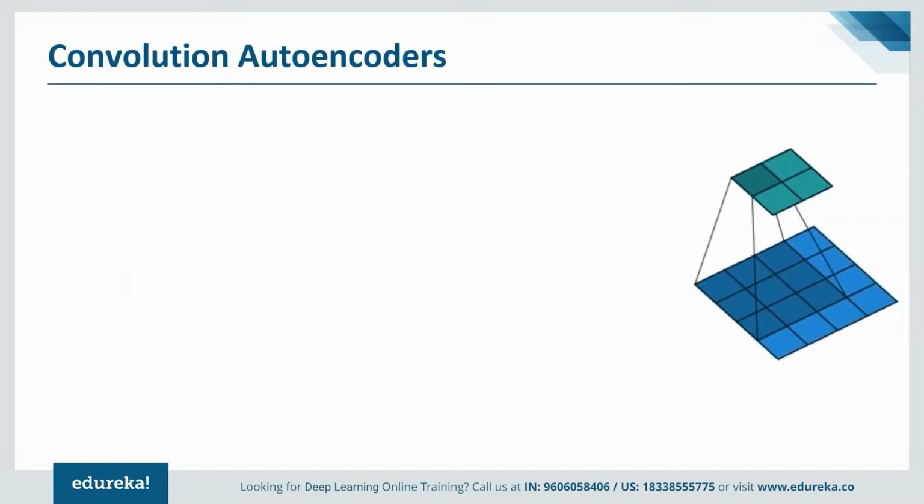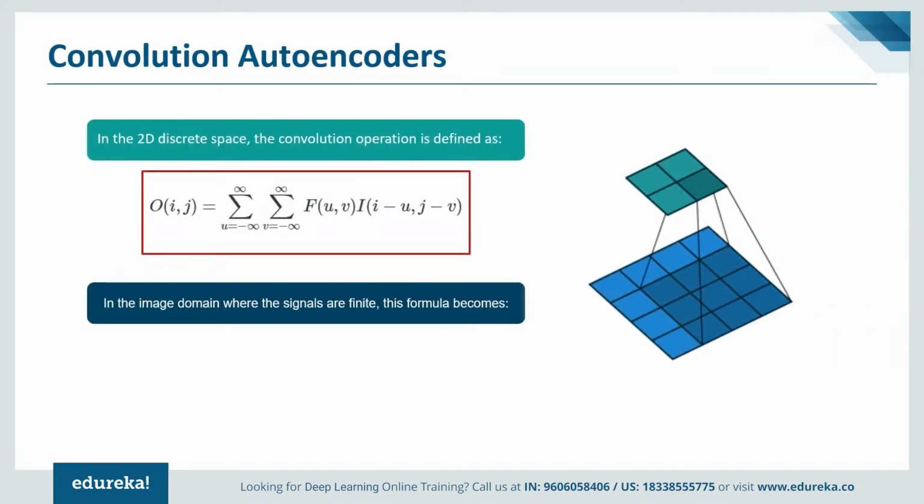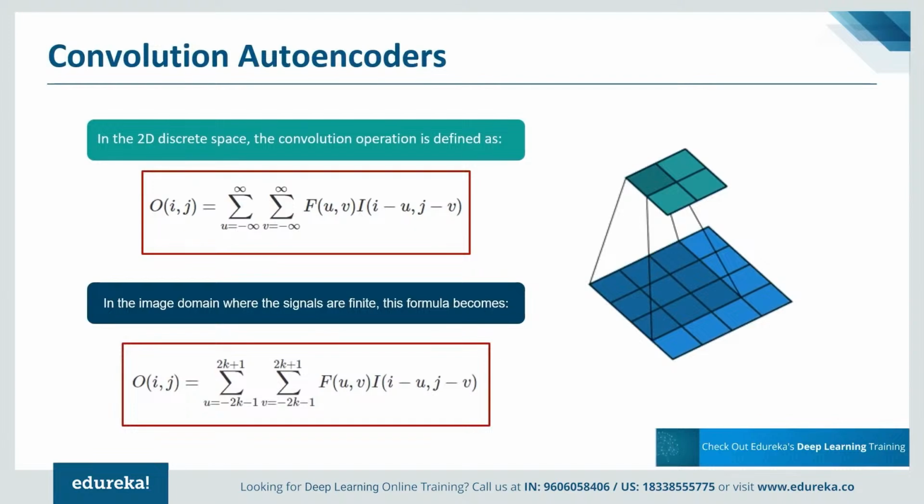A convolution is the general continuous case defined as the integral of the product of two functions after one is reversed and shifted. As a result, a convolution produces a new function and it is a commutative operation. Now, in the 2D discrete space, the convolution operation is defined as the following equation.